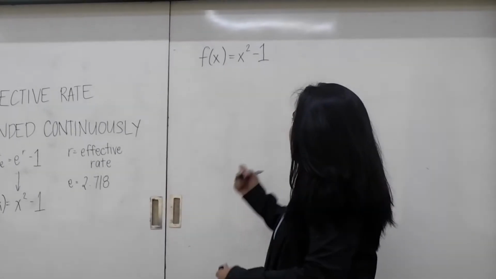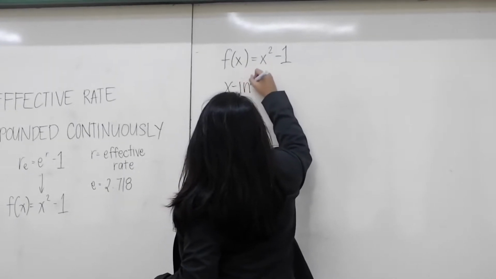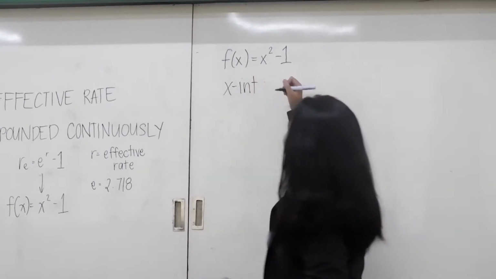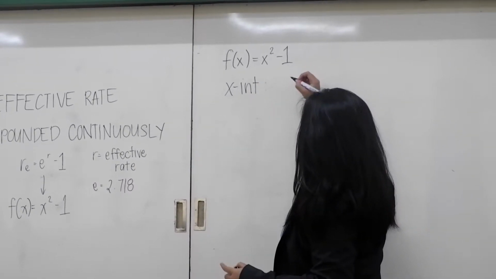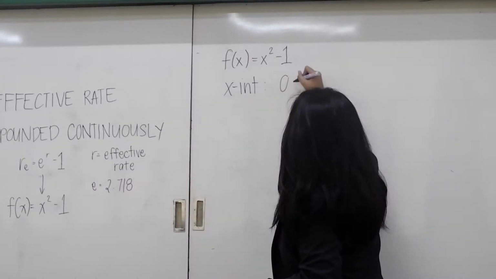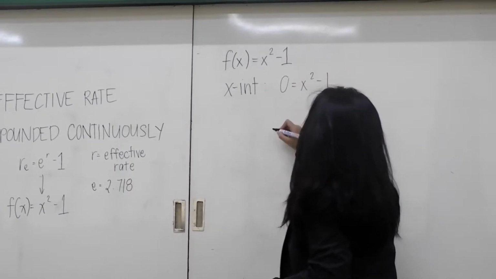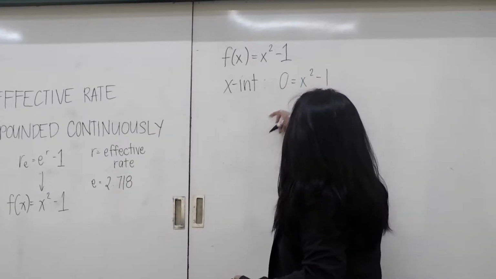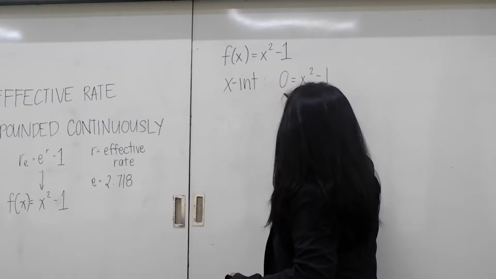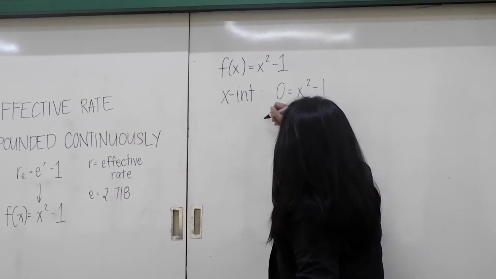So now let's get the x-intercept. To get the x-intercept, you should make the y 0. Add 1 to the other side, then get the square root.